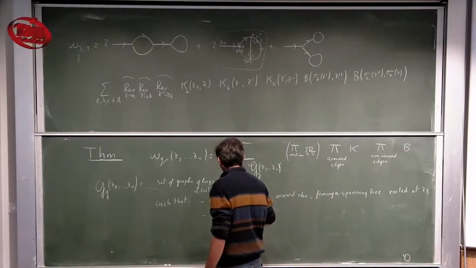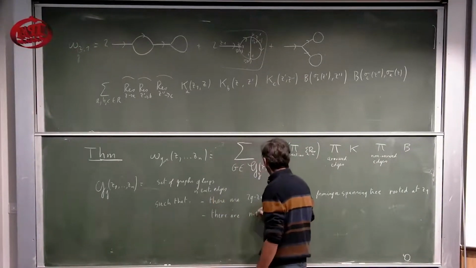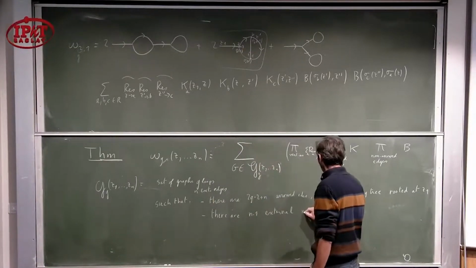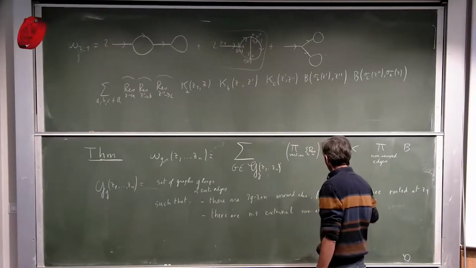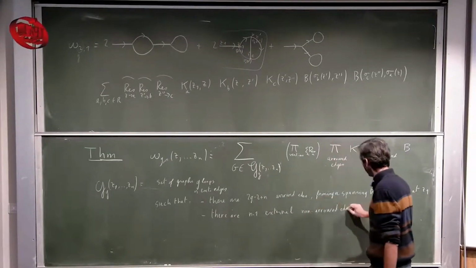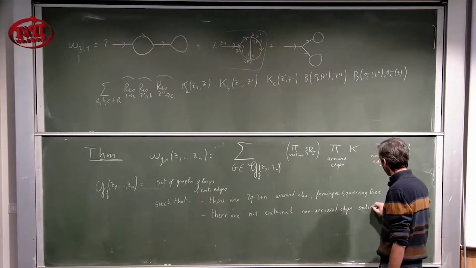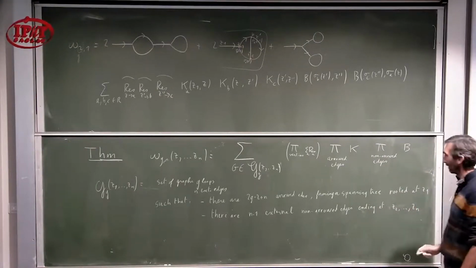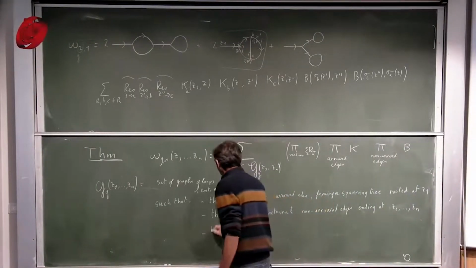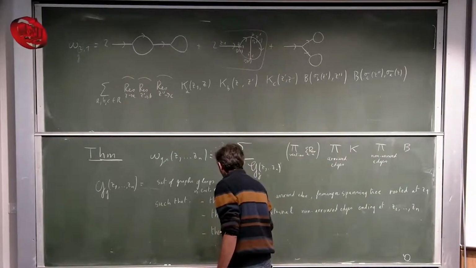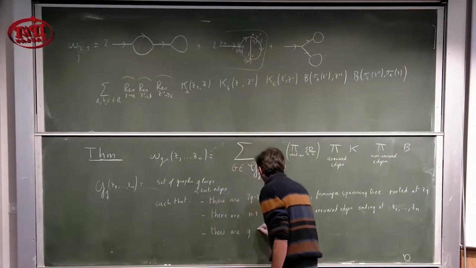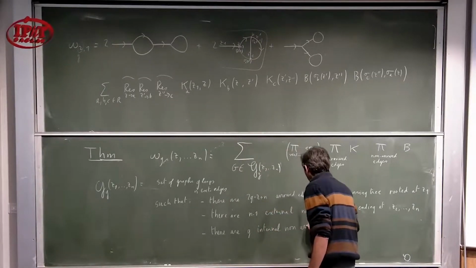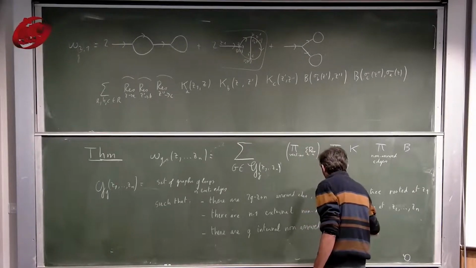There are n minus 1 external non-arrowed edges ending at z2 to zn. Okay, and there are g internal non-arrowed edges.